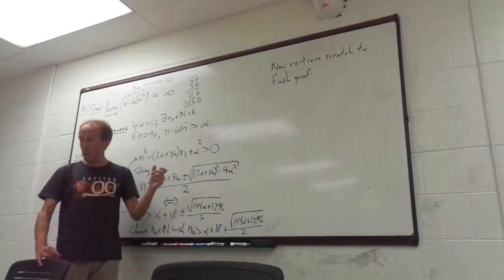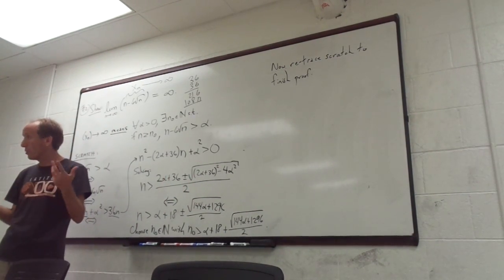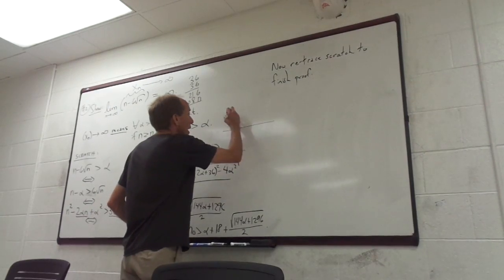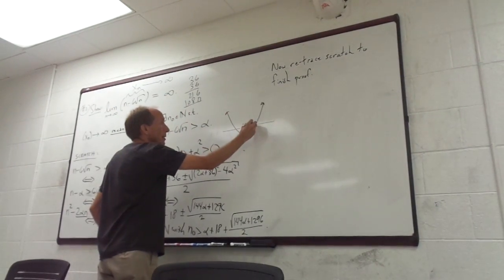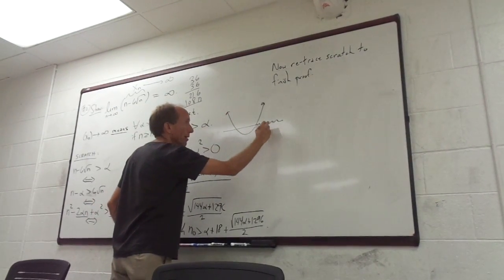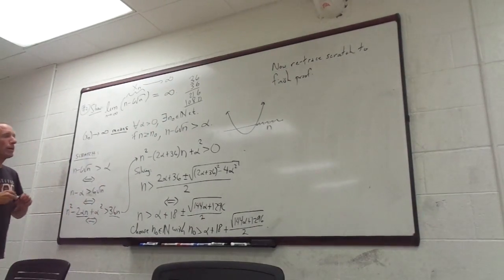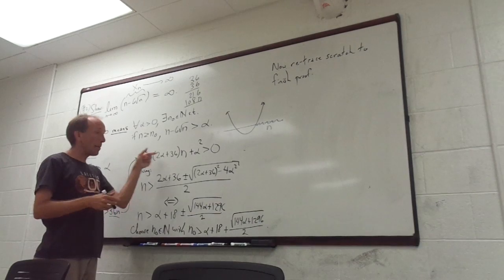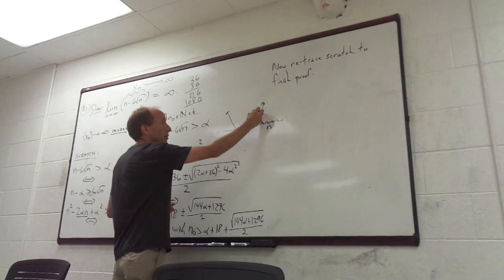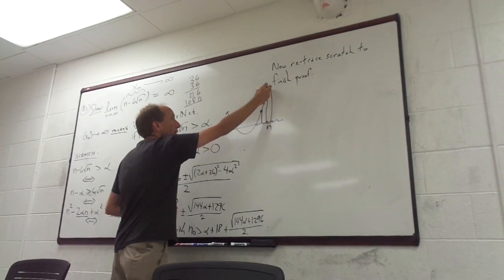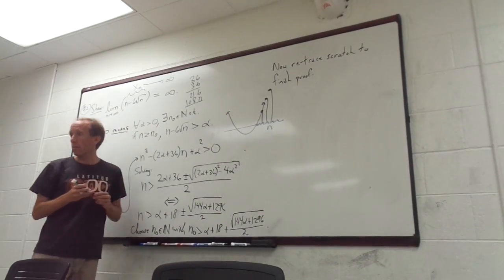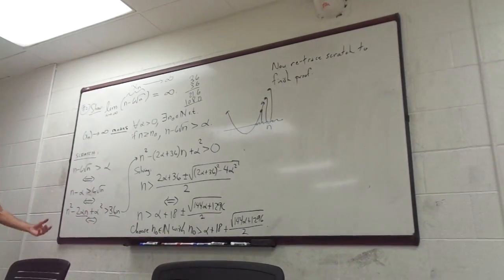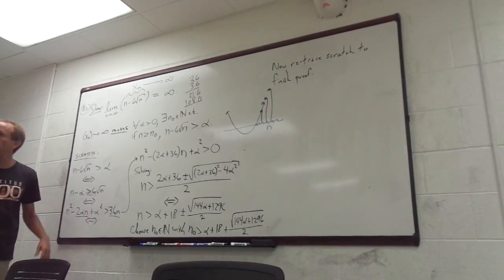It's greater than both roots, but in particular it's greater than the larger of the two roots. So if you have a parabola with two roots, right? N is over here somewhere, right? So as long as n is over there, then when you plug that n into the parabola, it's going to be greater than 0. So you're up here, if you plug any n in from over here, it's greater than 0. So therefore, now the rest of it is just this algebra.